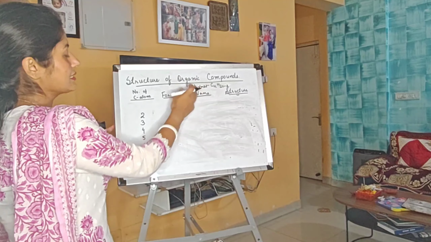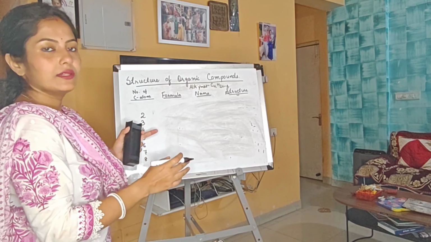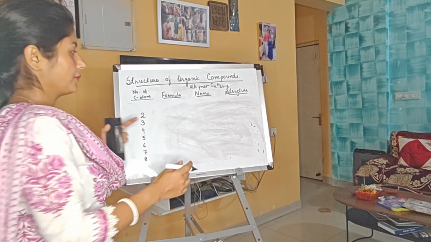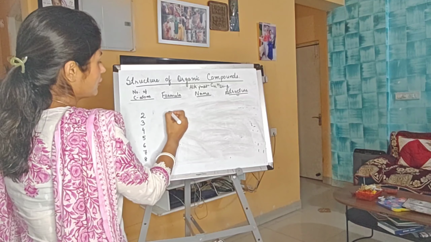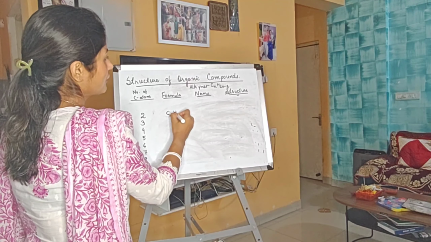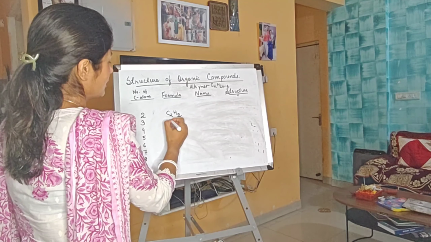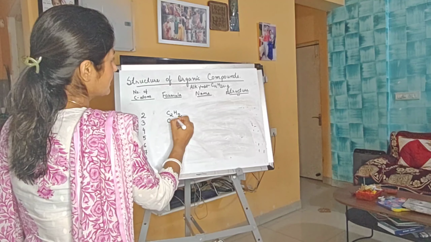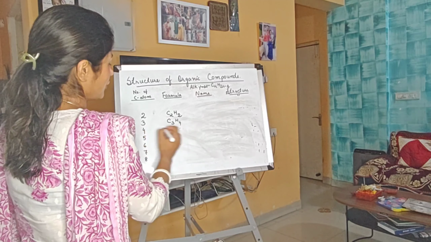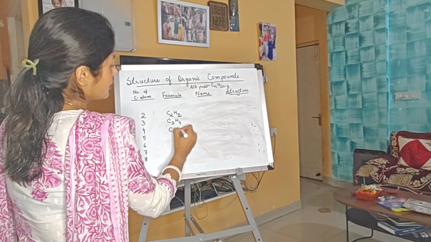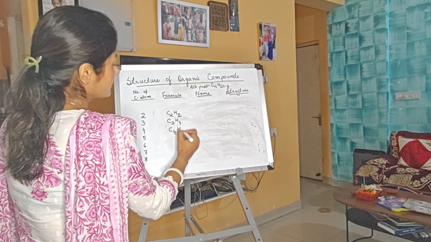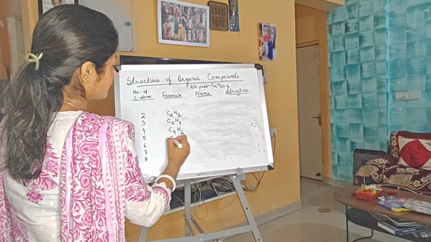The simplest alkyne starts with carbon number 2. There is no alkyne with carbon number 1. So if the number of carbon atoms is 2, the formula will be C2H2. If the number of carbon atoms is 3, the formula will be C3H4. If the number of carbon atoms is 4, the formula will be C4H6.